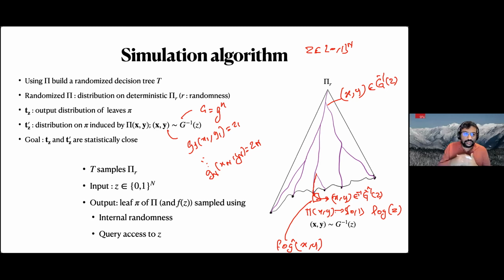Because it's a deterministic protocol, there cannot be two answers.